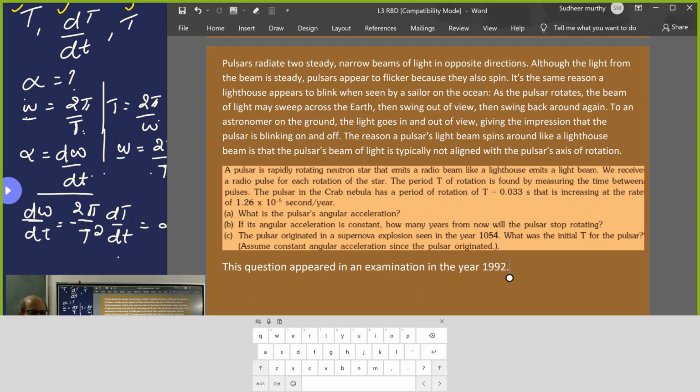So you will calculate the number of seconds, including the leap years, and multiply it by the years. You will get so many seconds, and you will find the initial time period from omega naught. Omega naught is equal to 2 pi by T, or T naught will be equal to 2 pi by omega naught. You will get the value.